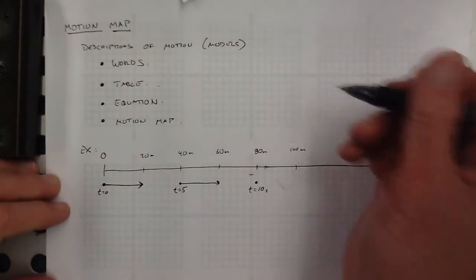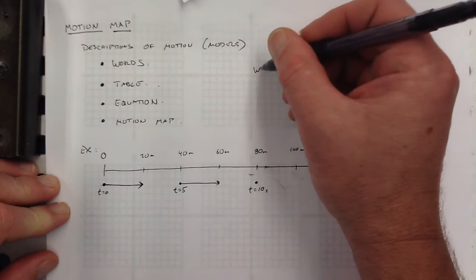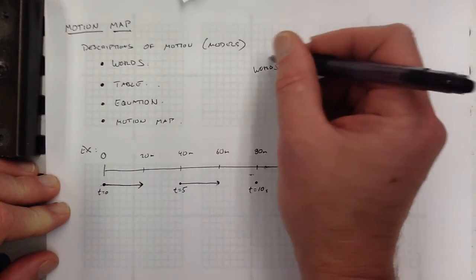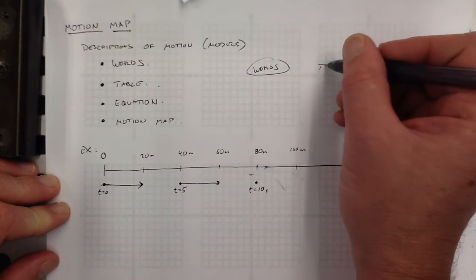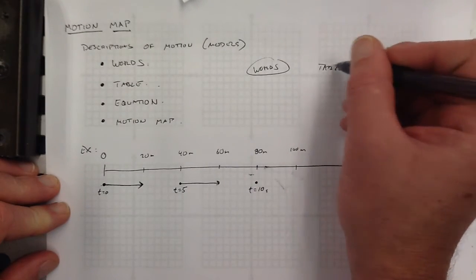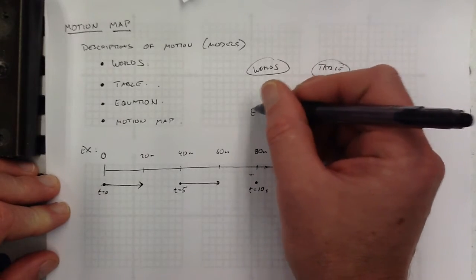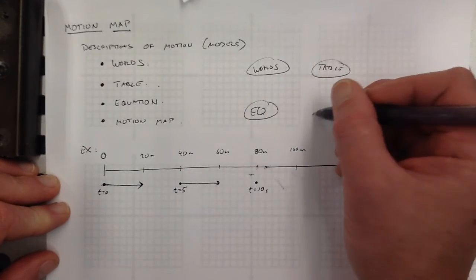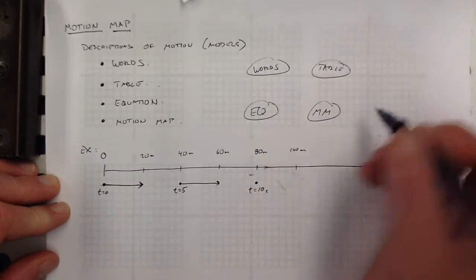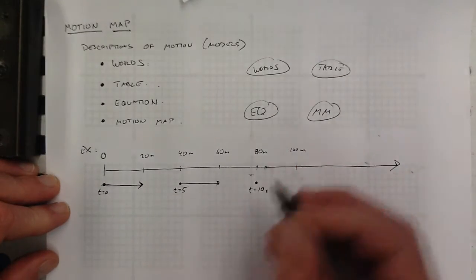You could kind of think about this as, like, here's words, here's table, here's equation, and here's our motion map, not to be confused with Mr. McGrath.